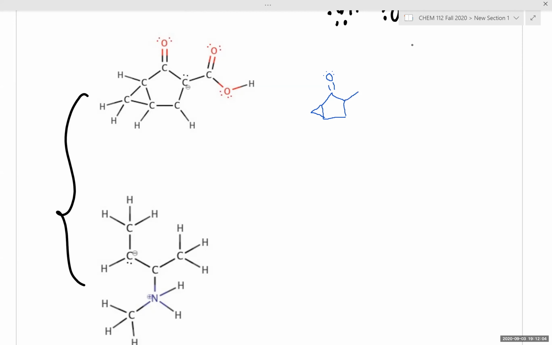And don't be shy while one of your classmates is drawing one structure to try to chime in and draw a bond line structure of your own, or draw a bond line structure for another structure on this list.